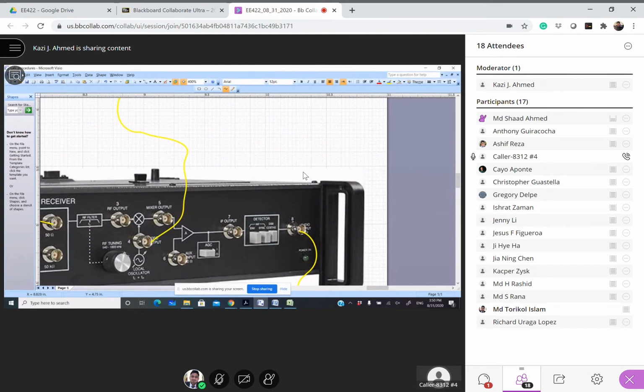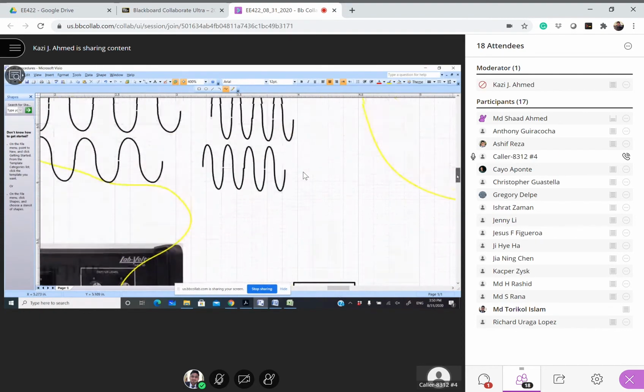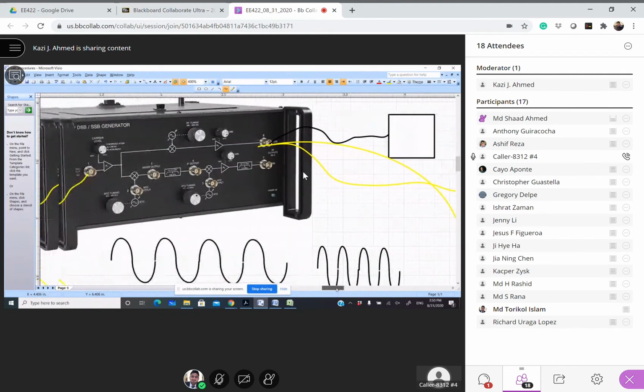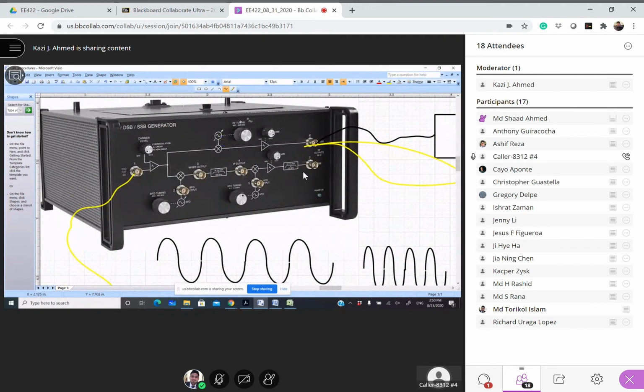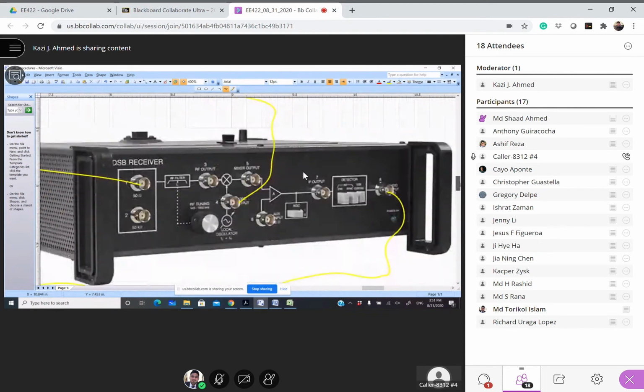Now, this is the tuning knob, or RS tuning. Remember, on the generator side we have an RS tuning to change the frequency of the carrier. Now here we have another RS tuning on the receiver side.